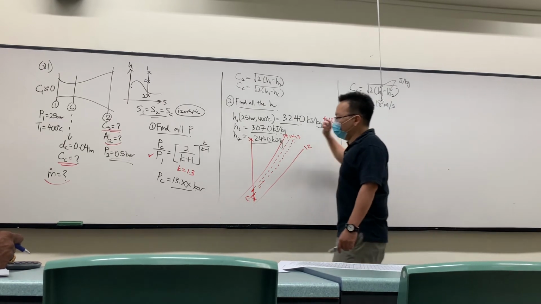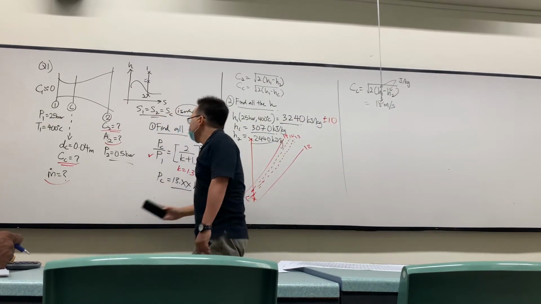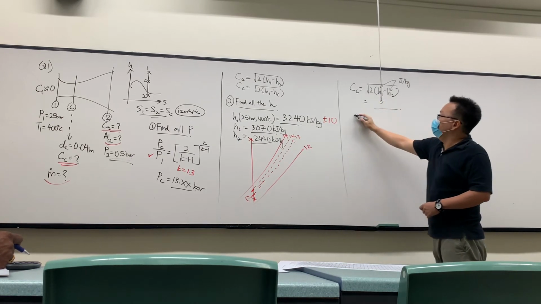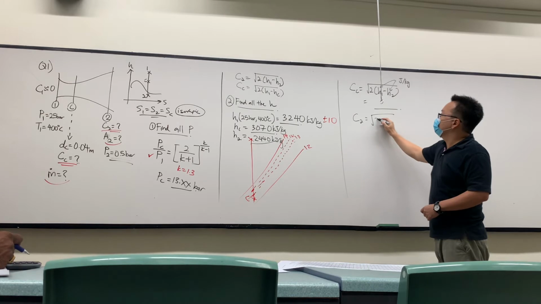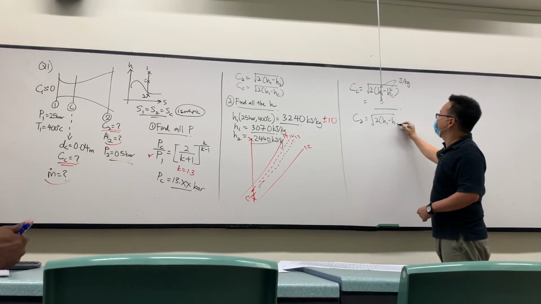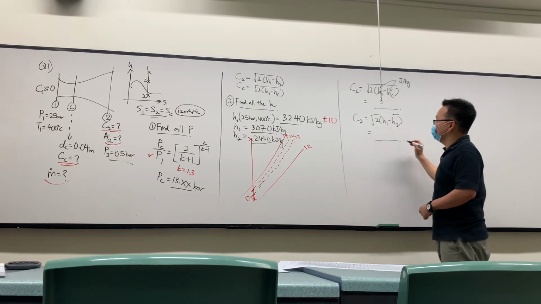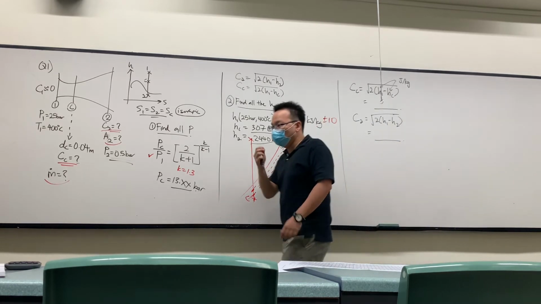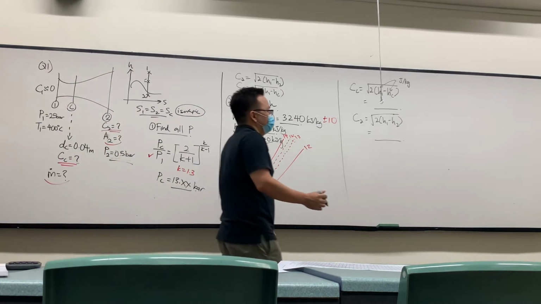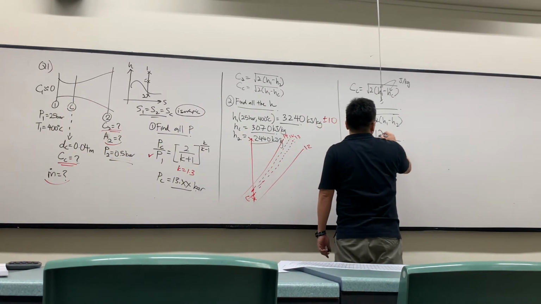So with that said, can you calculate these two? And then C2. Yeah, correct. Use your own value, so you will get about 126 something point something.